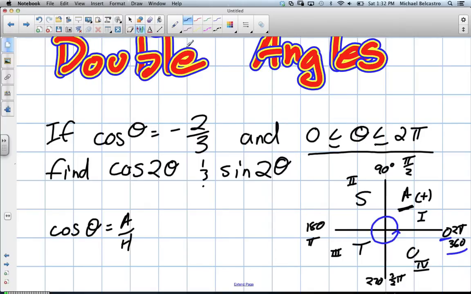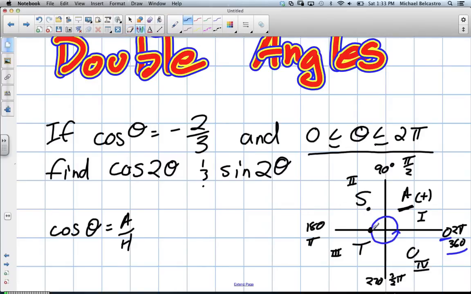And they've given us a -2, so our adjacent is -2. So we go back 2 and up 3. One, 2, 3. Sorry, that's wrong. The hypotenuse is 3.